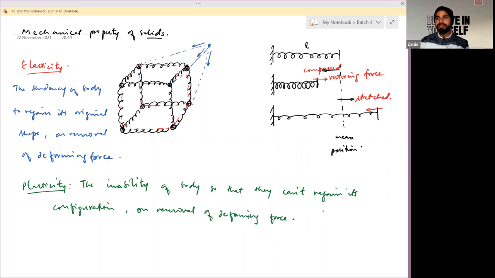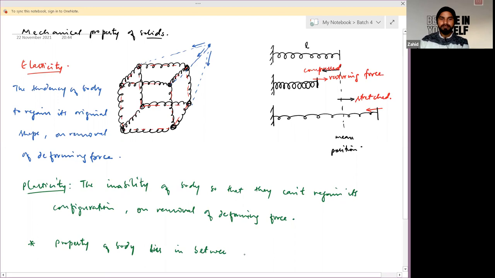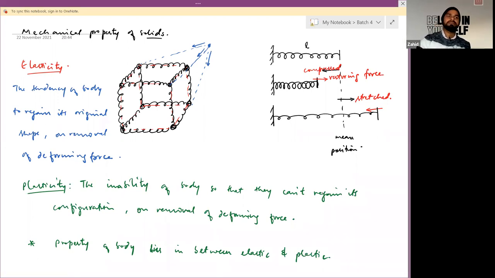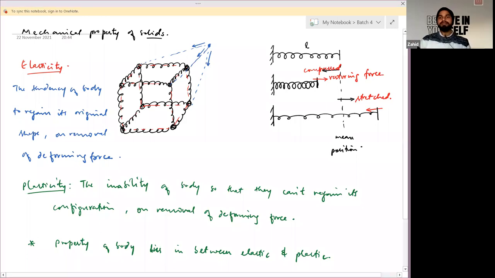So the property of a body lies in between elastic and plastic. Is it clear to all of you? Akash? Yes, sir. Okay, just write it down to this part.